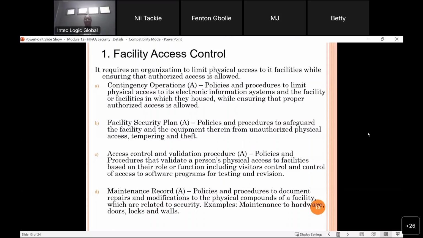Access control and validation procedure: policies and procedures to validate a person's physical access to facilities based on their role or function, including visitors control and control of access to software programs for testing and revision. I had an encounter with this and I've never forgotten it.